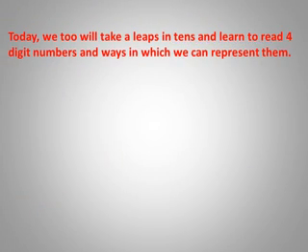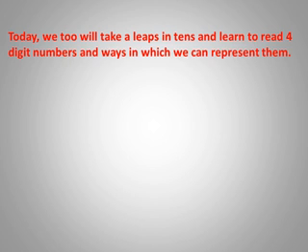Children, did you notice something about Freddy the Frog? Yes, he took high leaps and leaps in tens. We too will take leaps in tens today and learn to read and write 4-digit numbers and also ways in which we can represent them.